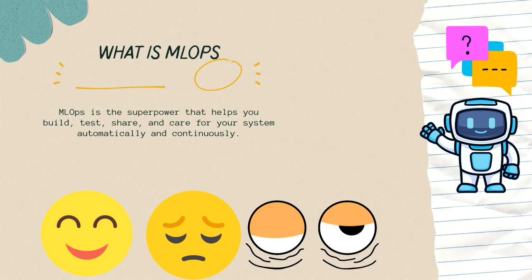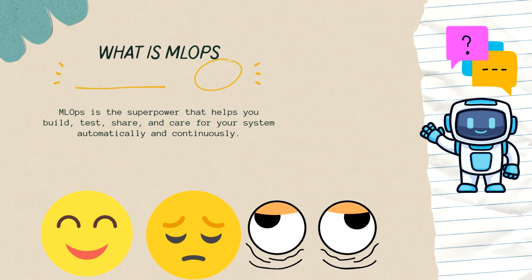The three words, training, deploying, and monitoring, is all MLOps. Basically, MLOps is a superpower that helps you build, test, share, and also care for your robot automatically and continuously. Technically speaking, it is a set of practices and tools that combine software engineering, data science, and operations to enable automated deployment, monitoring, and management of machine learning in production environments.